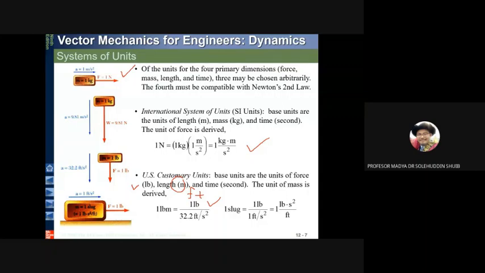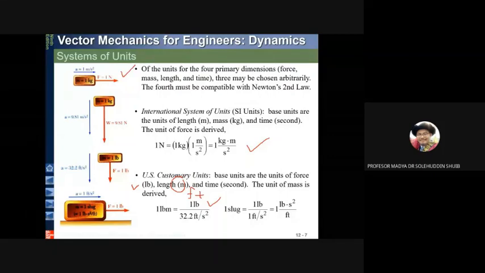How about if this block, we release from a certain position, a certain height, so it will have the gravitational value, which is A. So we have here the force, which is the body weight.